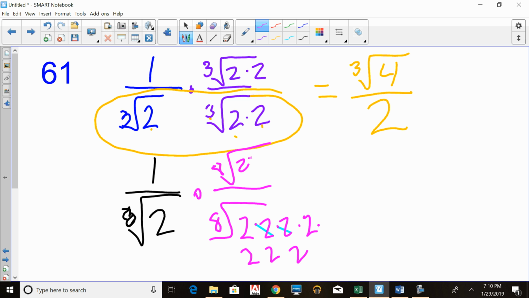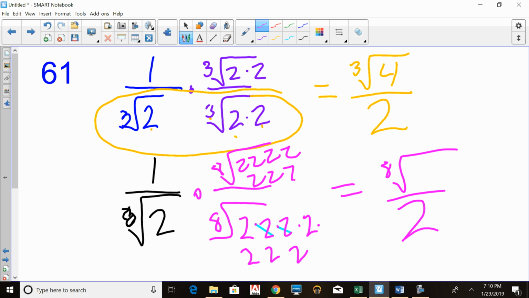Eighth root of 5, 6, 7, which would make the denominator just 2. And then here we'd have eighth root of, and 2, 4, 8, 16, 32, 64, 128, or 2 to the 7th power.